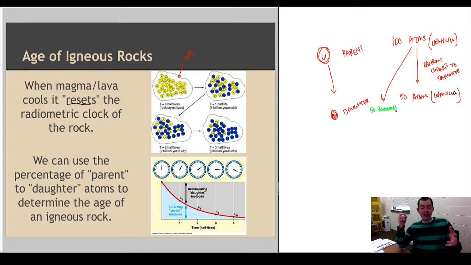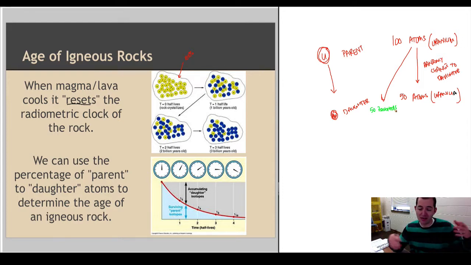Okay, so that process, again, just to take a moment, of parents becoming daughters is not a magical process. It happens in natural ways. The atom may give up some protons or neutrons from its nucleus, or it may just give up a proton, or it gives off a gamma ray and splits into different elements.